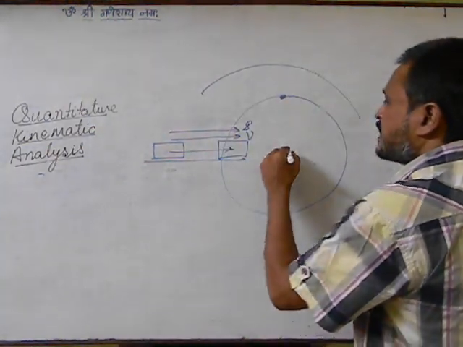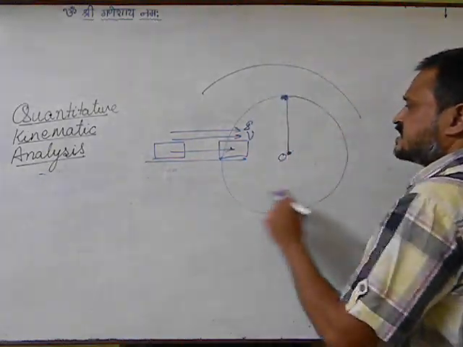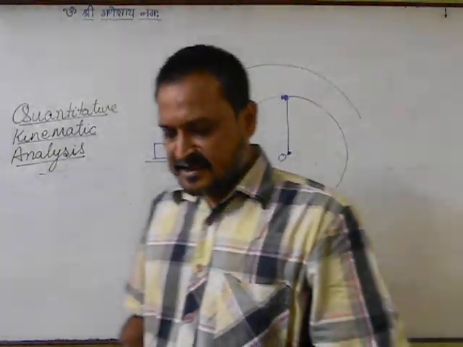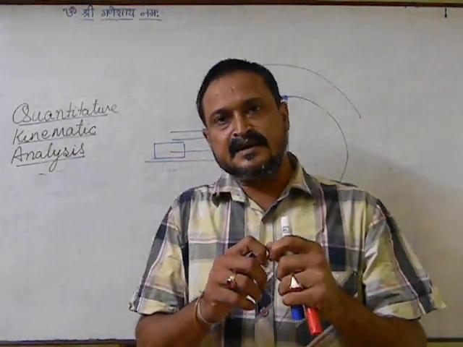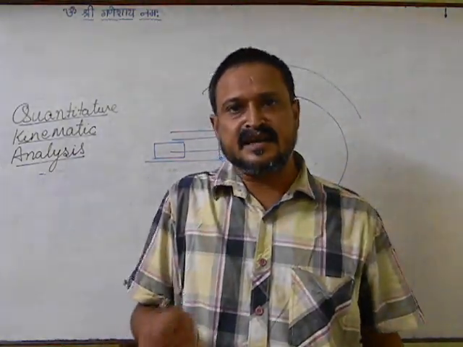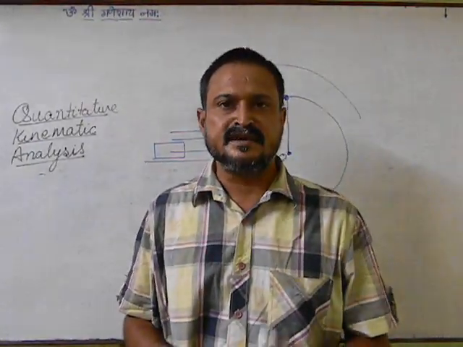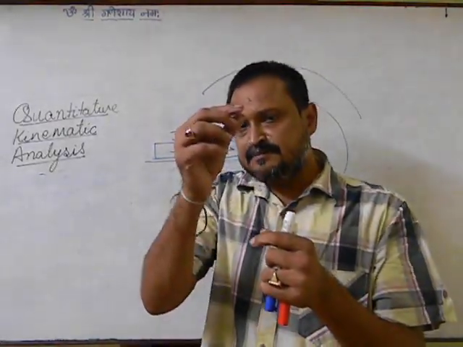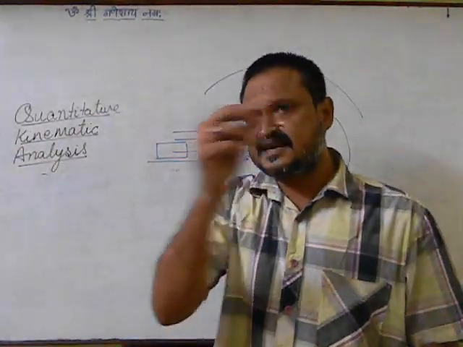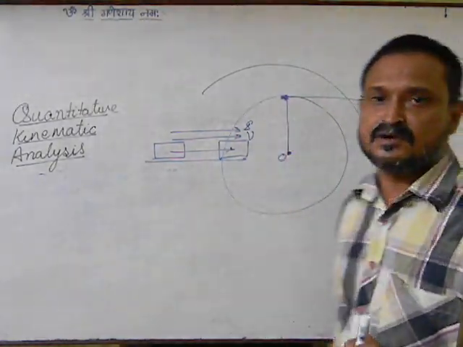So at the given instant, when a particle is rotating, a very easy example to understand is, if I tie a thread to a stone and rotate it, the stone has a continuous rotary motion. But if I suddenly cut the thread, we find that the path traveled by the stone will be tangential to the path which it was following.